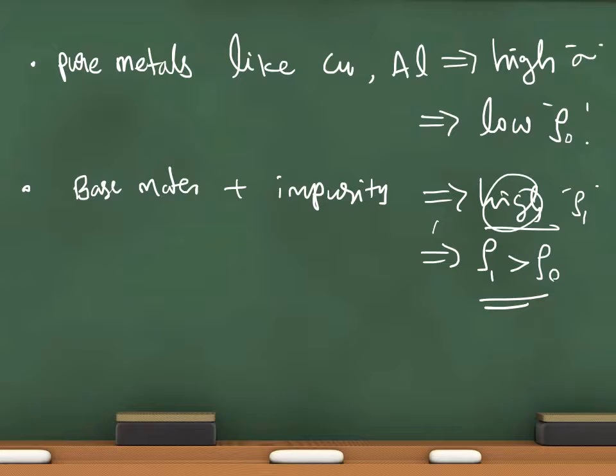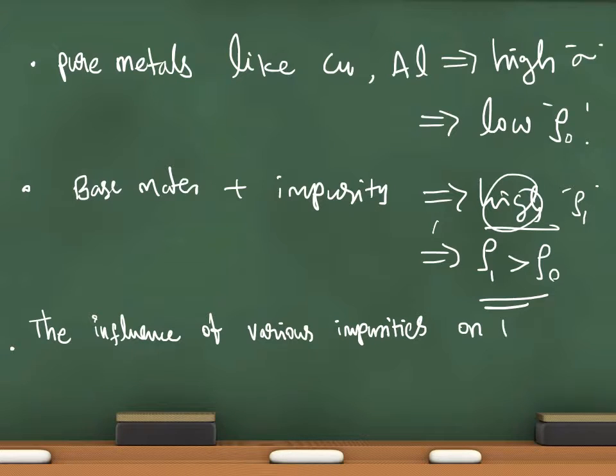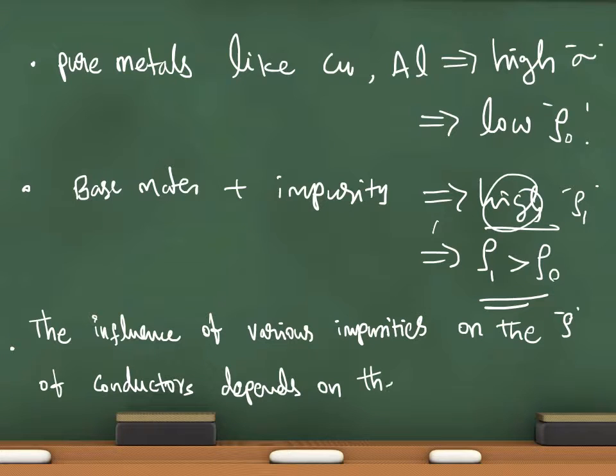So the influence of various impurities on the resistivity, on the rho of the conductor, depends on the metals they contaminate, or the materials, or the foreign bodies.